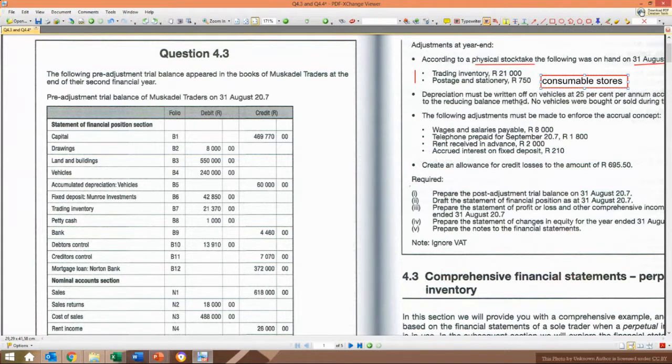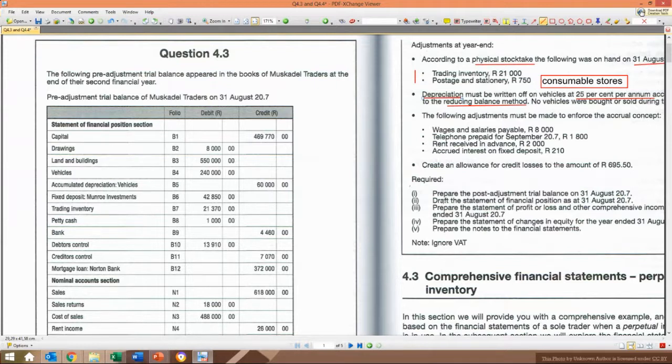Then depreciation must be written off at 25% per annum using the reducing balance method. So who can tell me, if they say reducing balance method, how do we calculate the depreciation again? What amount do I use? You can just type your answer in the chat function. Okay, so let me repeat the question. Depreciation, if we say it is 25% based on the reducing balance method, how do I calculate it?